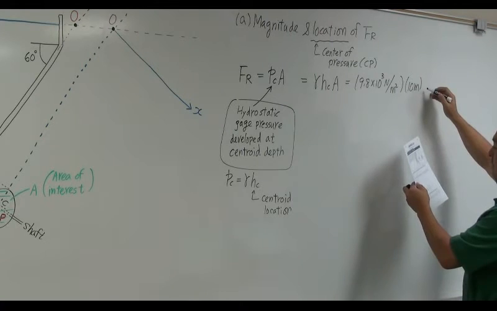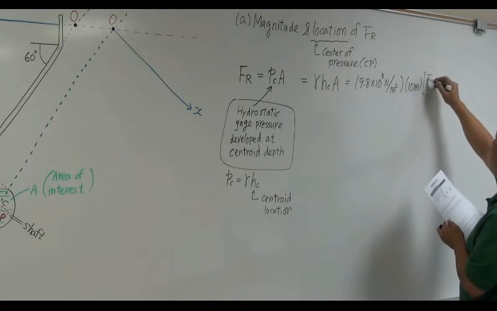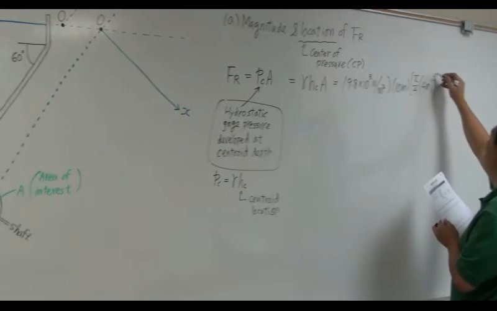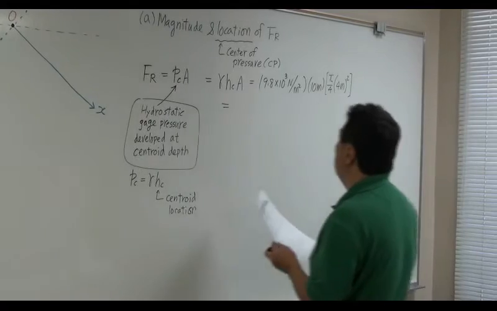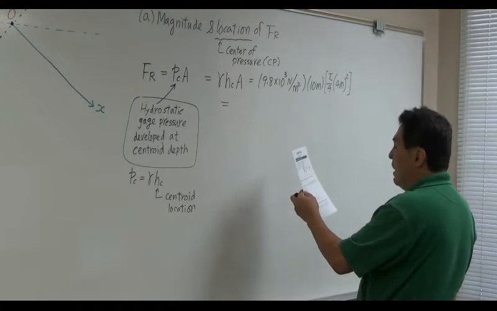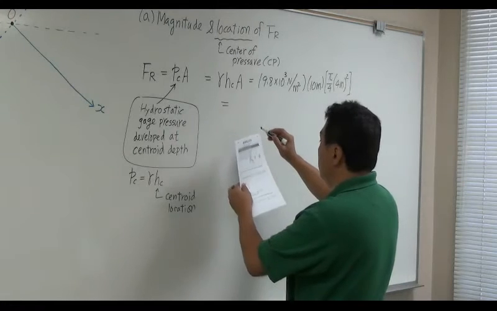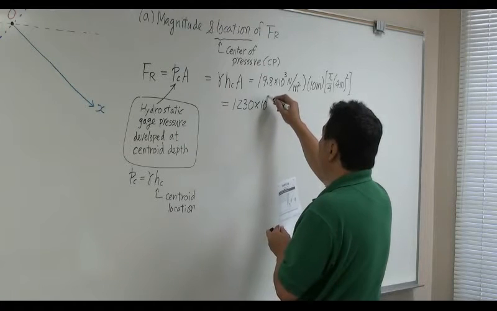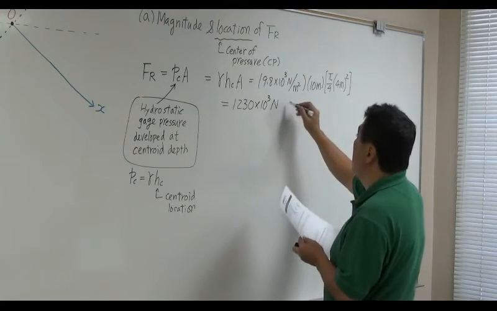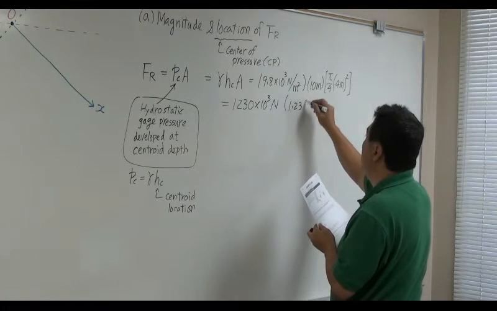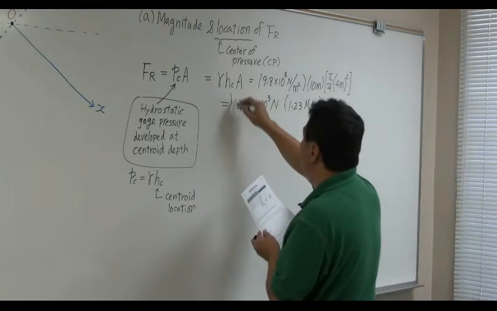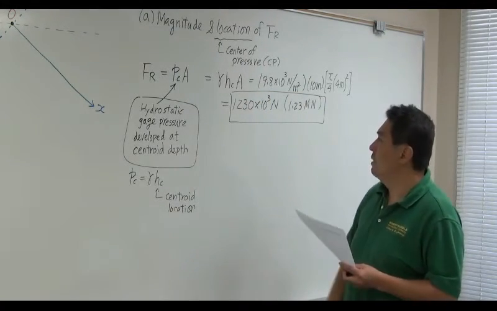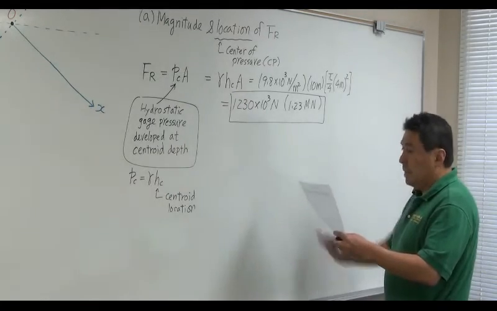The cross-section area is the area of a circle, which is pi over 4 times the diameter, 4 meters, squared. Okay? So this is a very, very simple calculation. You're going to determine the magnitude of the hydrostatic resultant force, which is 1,230 times 10 to the 3 newtons. This is a huge value. This is in fact 1.23 meganewtons. In fact, it's a very, very big force developed because it's 10 meters deep. So this is the magnitude.